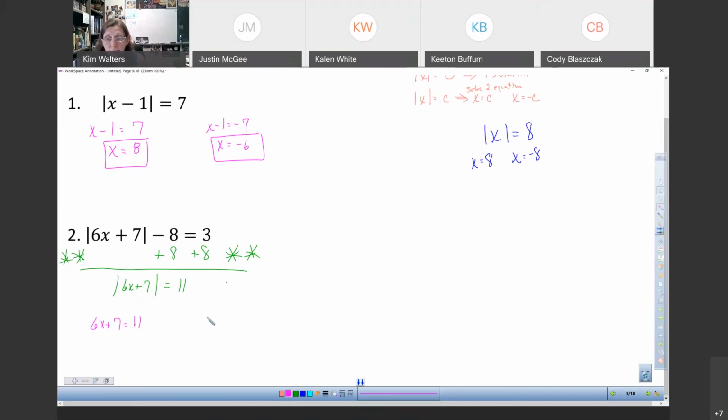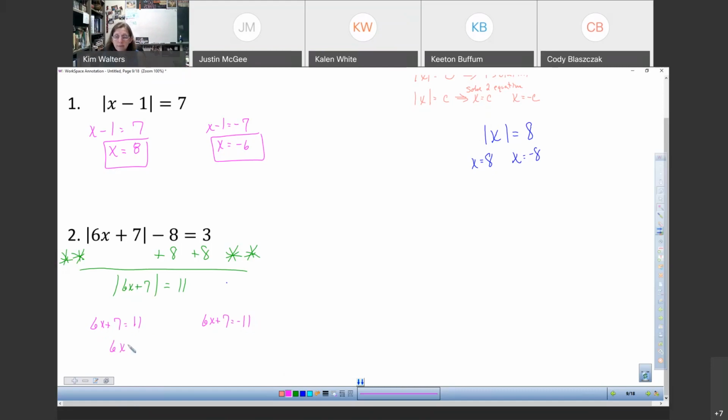And then I'm going to take 6x plus 7 and set it equal to negative 11. The whole concept revolves around the fact that what that quantity is inside my absolute value could be positive, produce a positive 11. It could be negative and still produce a positive 11. And so now I'm going to solve each of these separately.